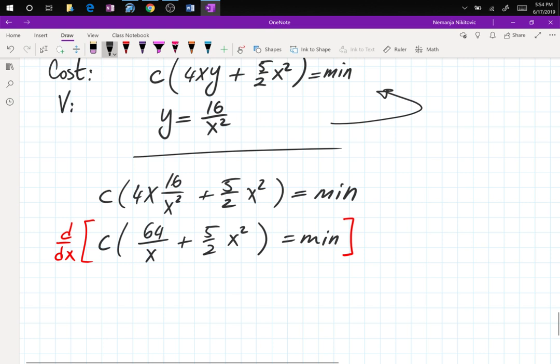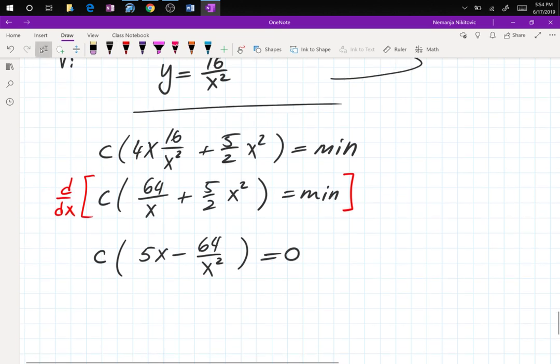And now if I differentiate this, I'm just going to copy the cost, and I have, well, I'll do the x squared term first. So that's going to be 5x minus 64 over x squared equals 0. And now you see the cost dies anyway, because when you divide it into 0, it's gone. Now this is again cost per square foot.